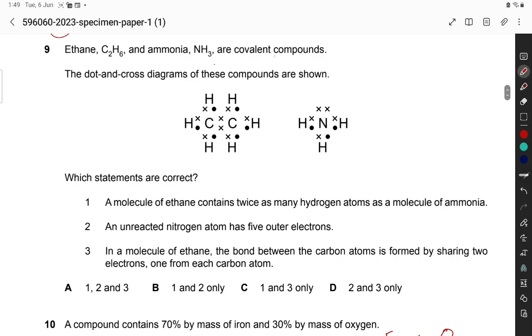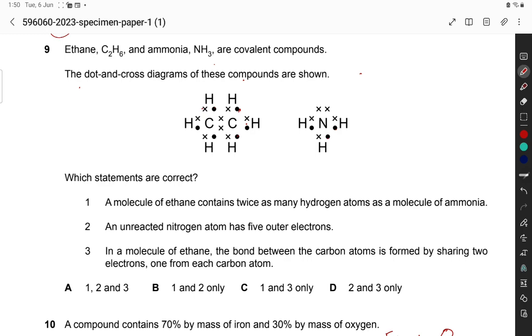C2H6, ammonia and NH3 are covalent compounds. The dot and cross diagrams of these compounds are shown. C2H6, 1 2 3. Which statements are correct?